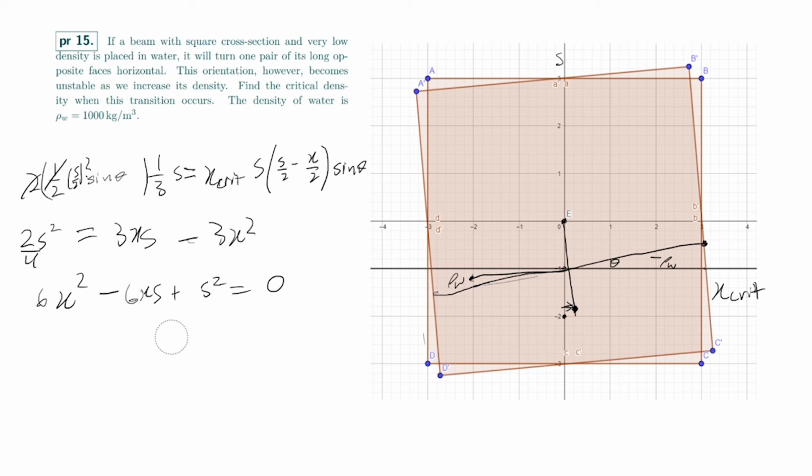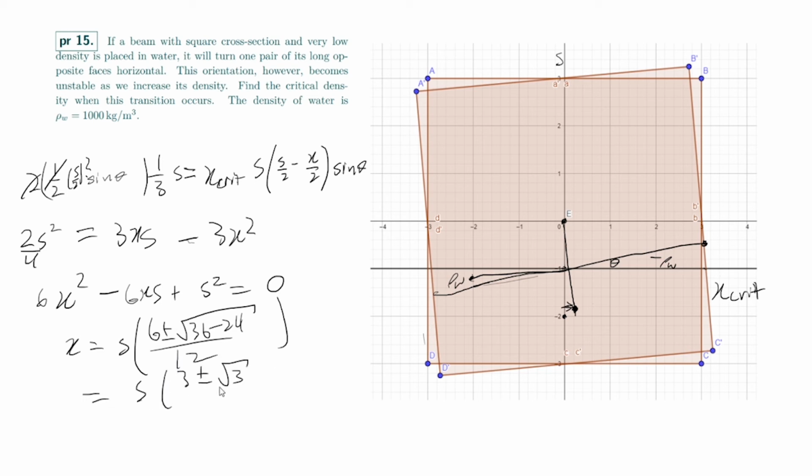So by quadratic formula, this gives us x is equal to s times 6 plus or minus the square root of 36 minus 24 over 12, which is equal to s times 3 plus or minus root 3 over 6.